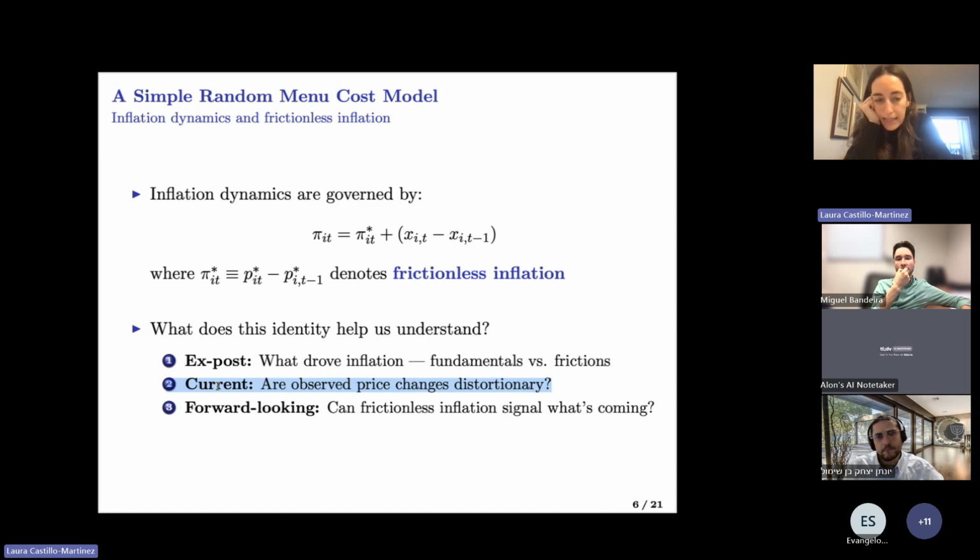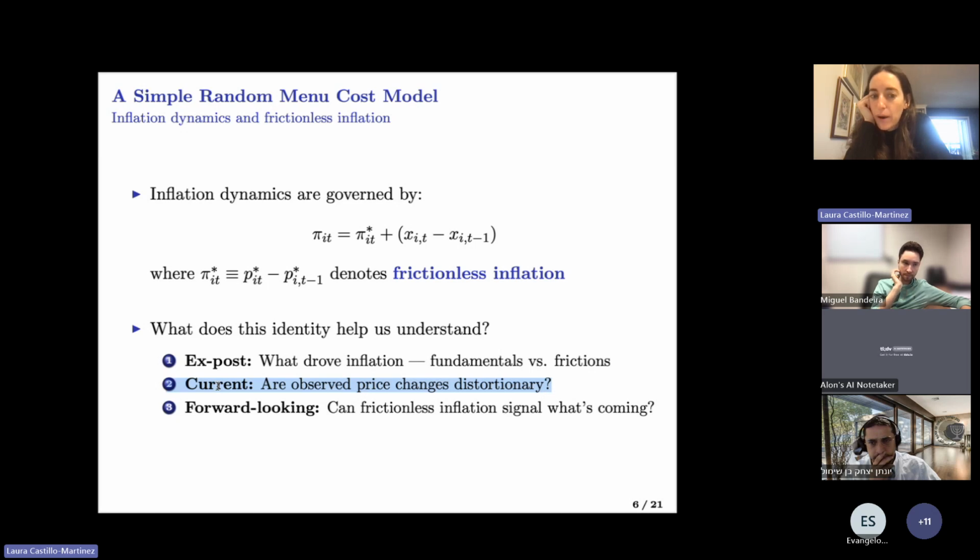So to some extent, if you are to write an optimal policy problem in these models, which is not trivial and is very structural most of the time, the idea is that you might not have to respond to all inflation surges in the same way. You should be able to do this decomposition of whether it is distortionary or not.